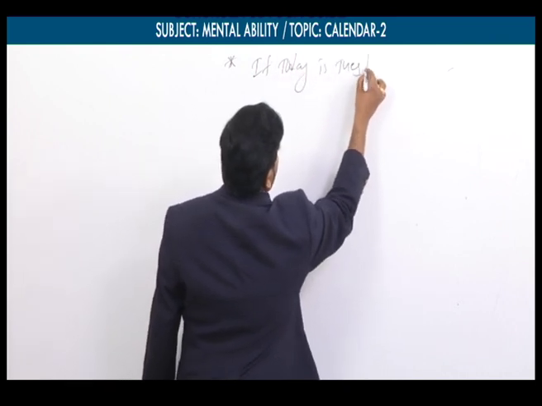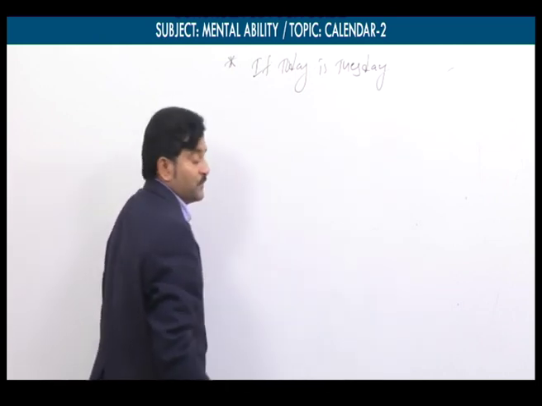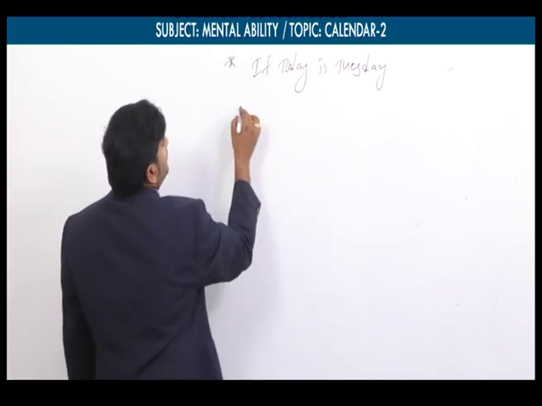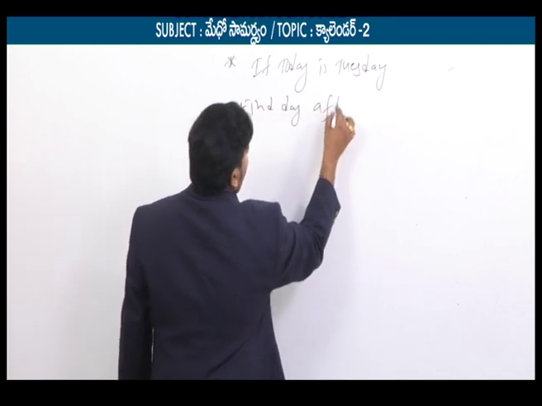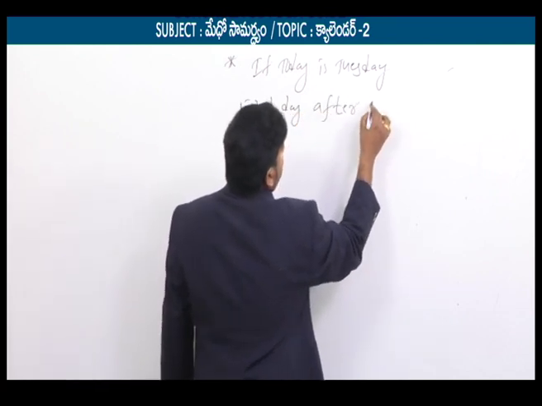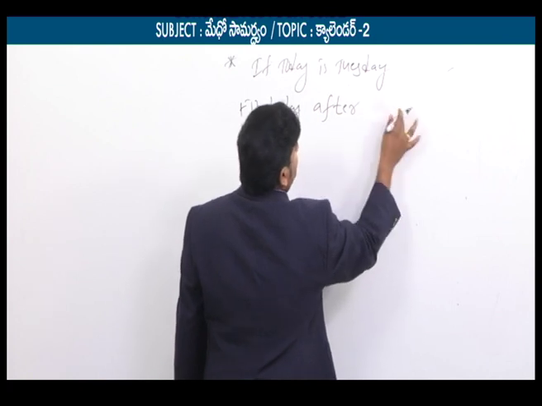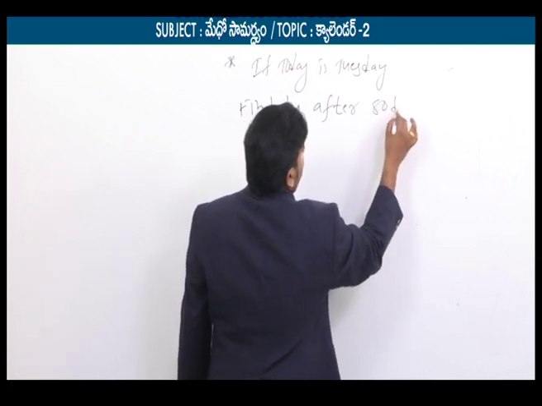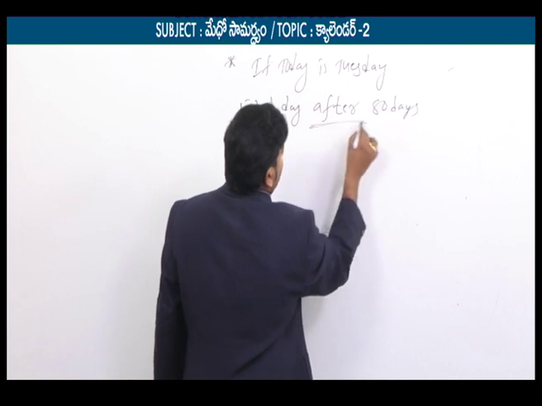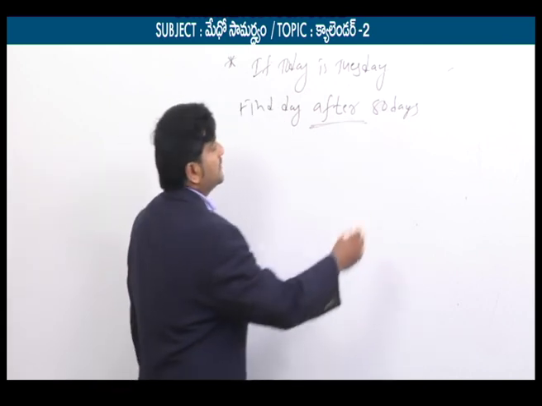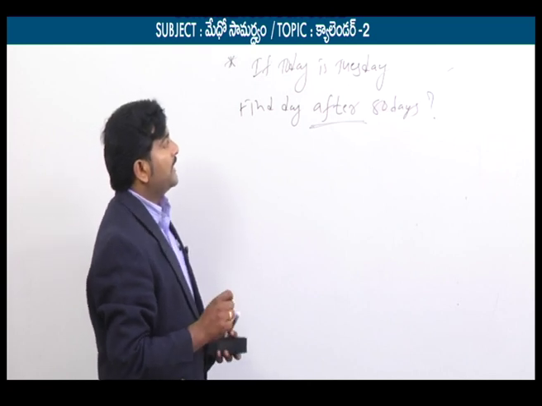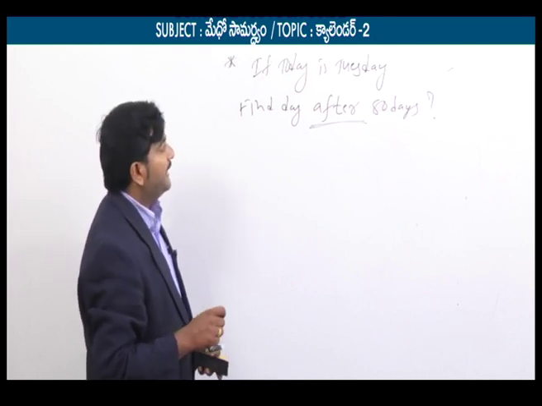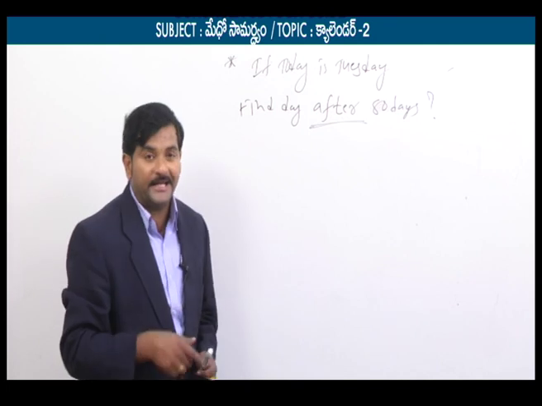For example, if today is Tuesday, find the day after 80 days. I am underlining the word 'after'. Once again, what is the given question? If today is Tuesday, find the day after 80 days.